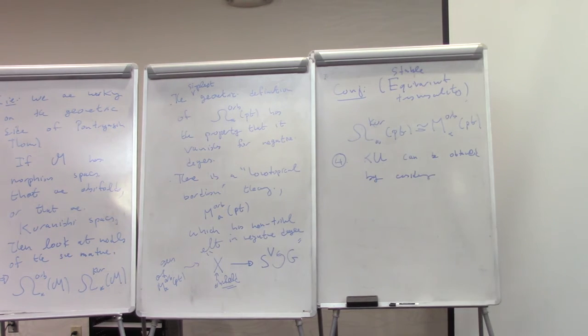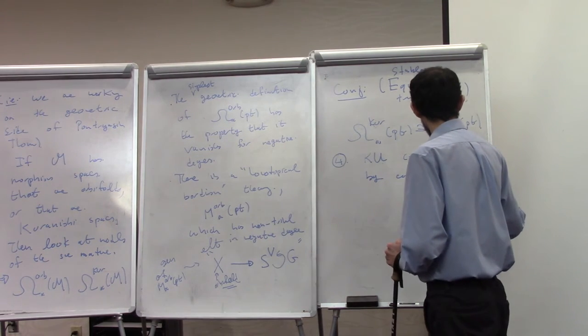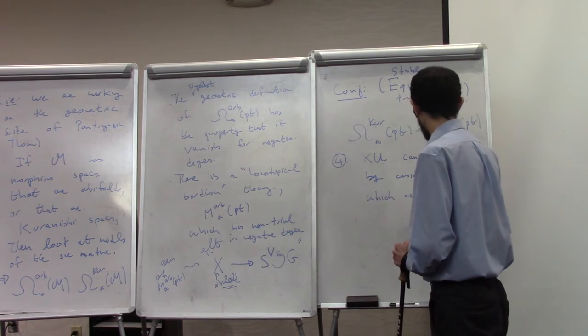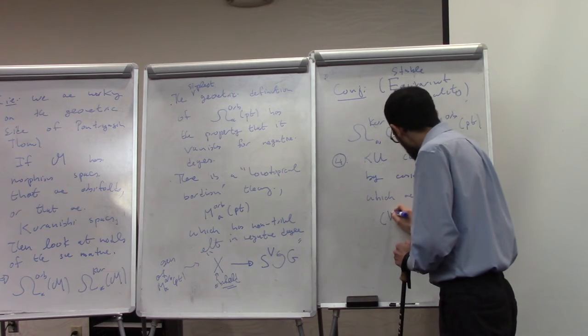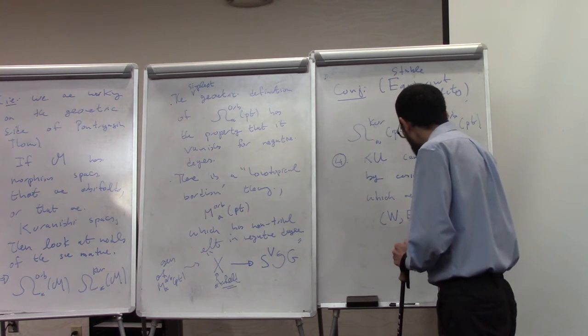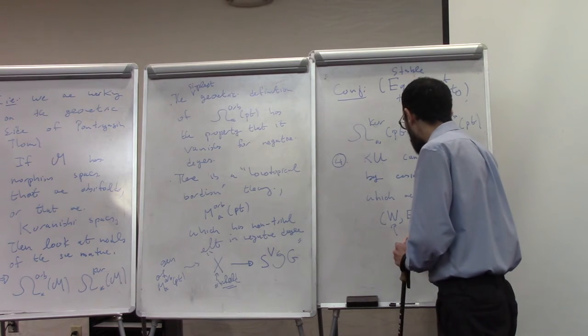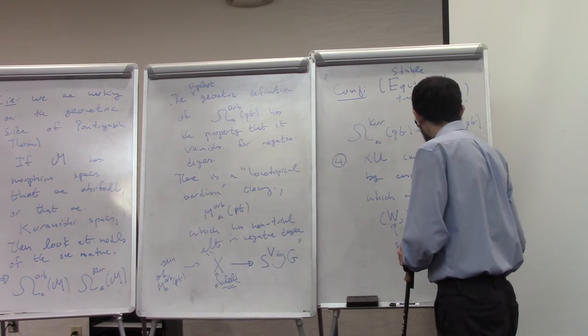by considering, instead of these W's being just manifolds, you do the next step by considering modules, which are pairs W, E. I will skip one more piece of data you need, but anyway, W is now a spin C manifold, and E is a complex vector bundle.